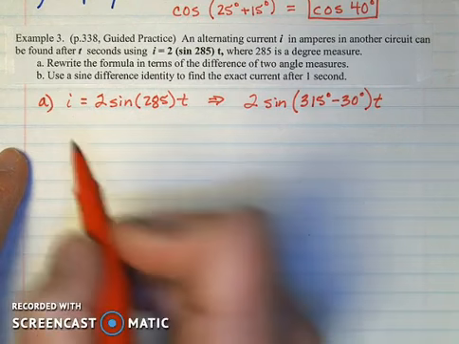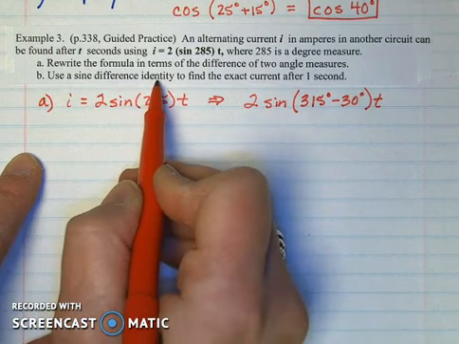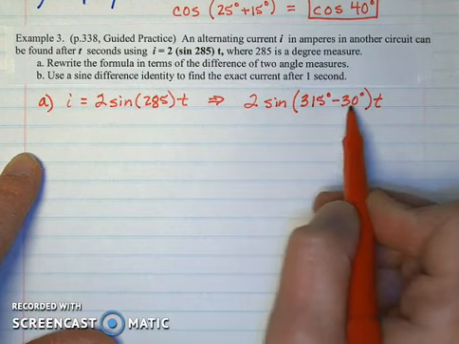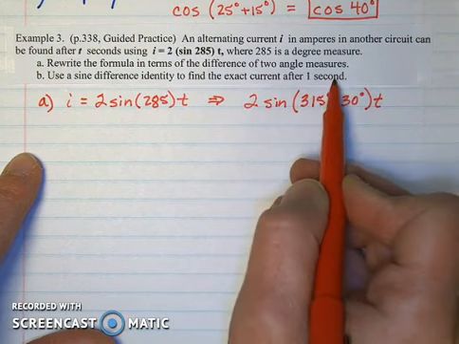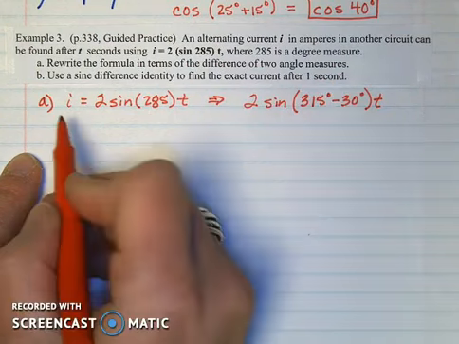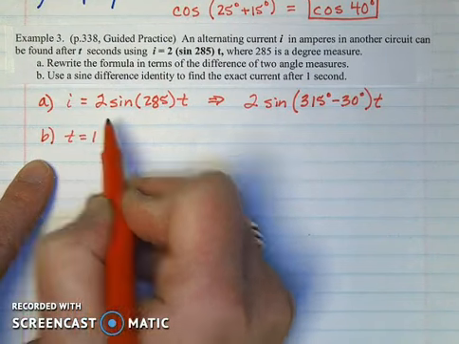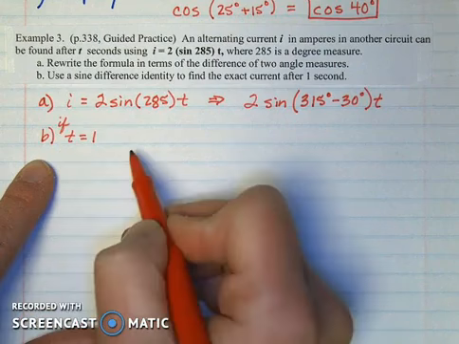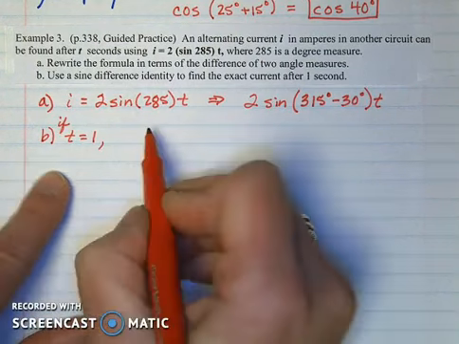Then for part B, it says use a sine difference identity, that would be this difference one, to find the exact current after 1 second, which means I'm letting t equal 1. Okay, if t equals 1, then what do I have? Well, then I'm just going to expand this.